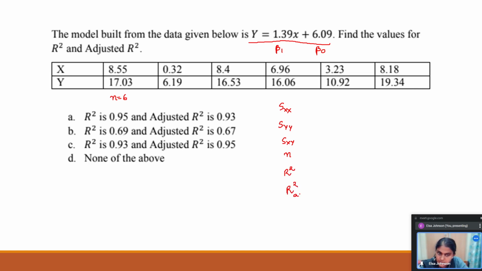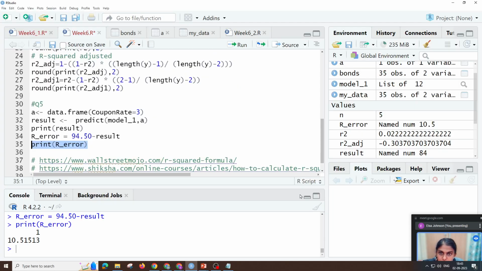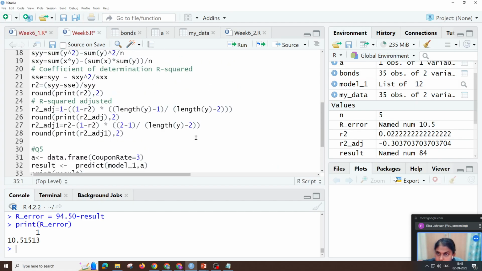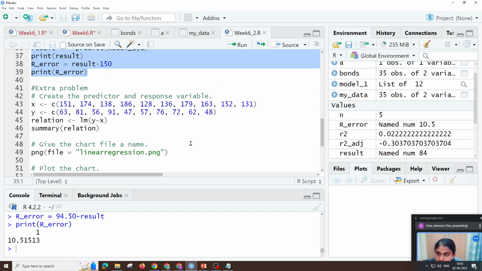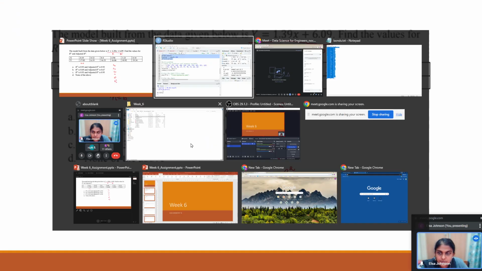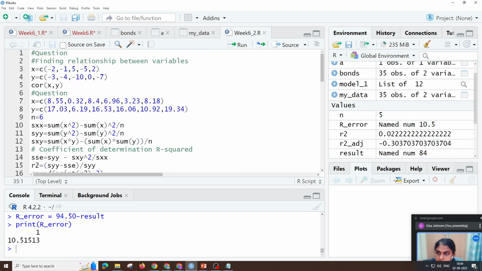Okay, so for this I'll just move first to RStudio because I have not directly solved it. I have solved it with respect to the example. So I think this is the equation. No, this is not the, okay, this is the question.